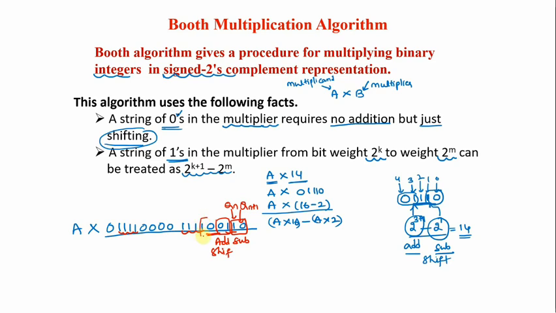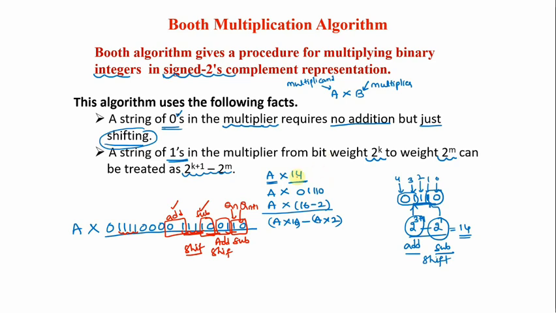Again, 1 0 means subtraction, 0 1 means addition, and a string of ones means only a shift. Moreover, wherever you perform a subtraction or addition, you then have to perform a shift. Shift is compulsory always. Every time you perform a shift, the number is multiplied by 2.